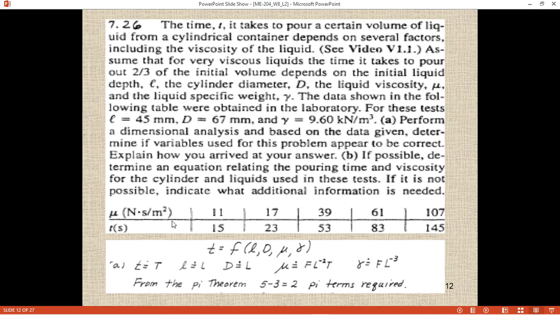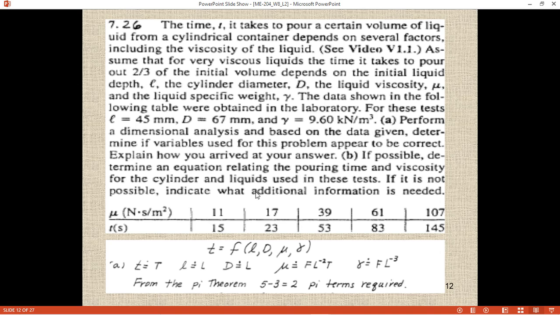The viscosity is this much and the time is 15 seconds, 23 seconds to pour out 2/3 of the liquid. So this is the viscosity of different liquids, and one liquid took 15 minutes to pour out 2/3 of its initial volume.